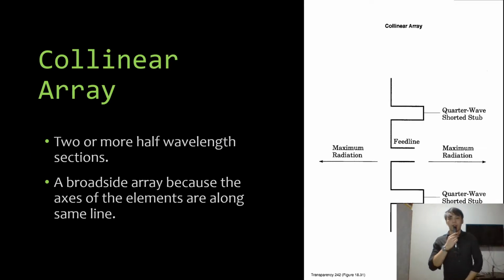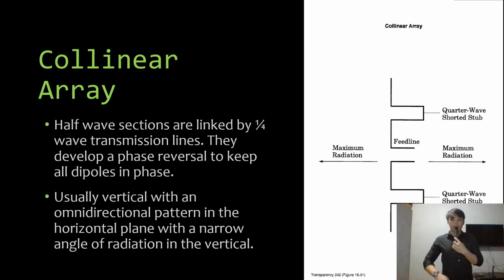So collinear array, it is two or more half wavelength sections. So a broadside array, because the axis of the elements are along the same line. Half wave sections are linked by quarter wave transmission lines.